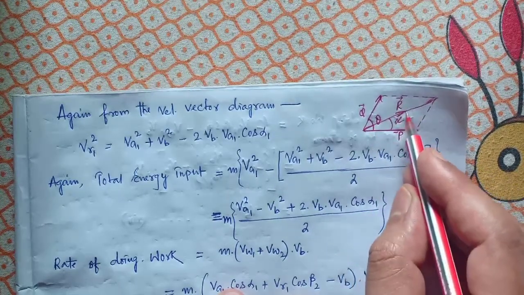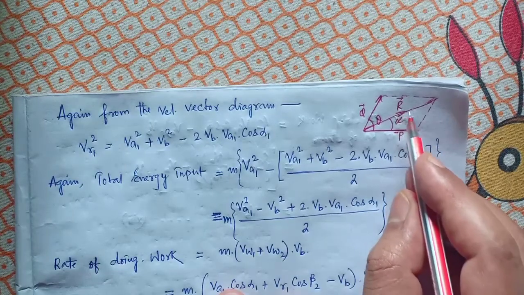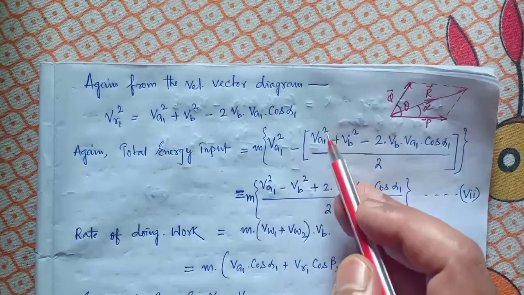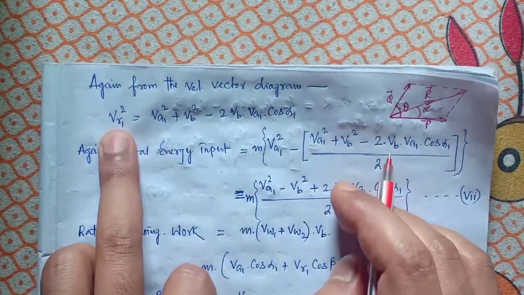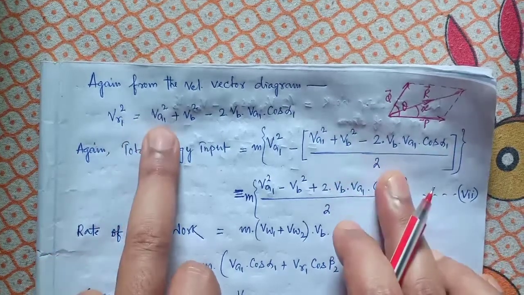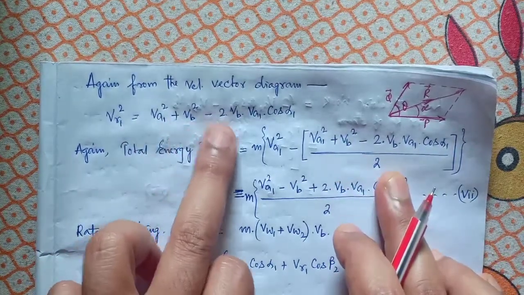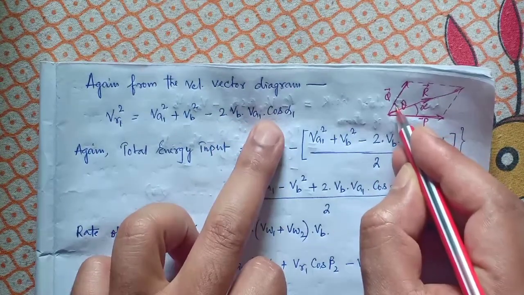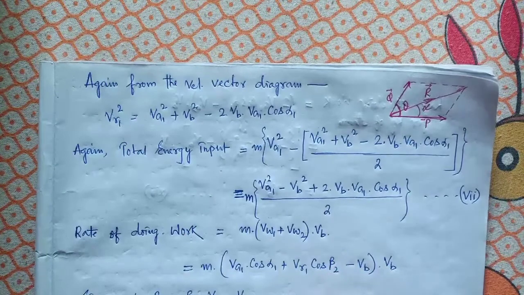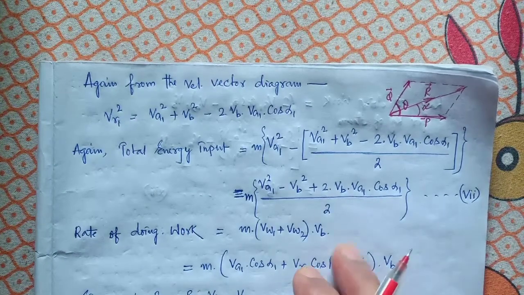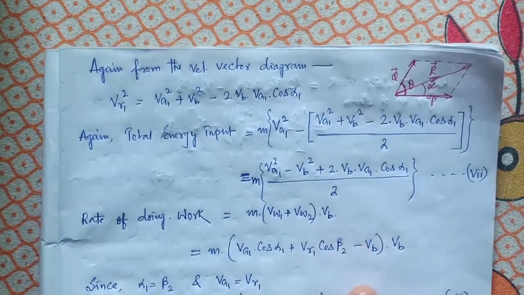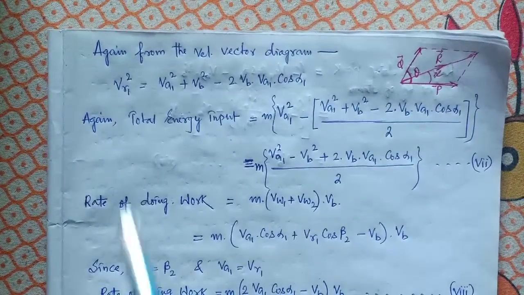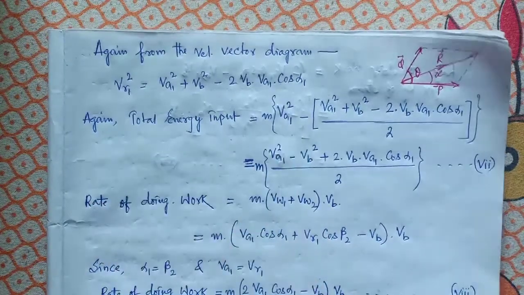So R can be written in the same format as here, that is, R square equals P square plus Q square minus 2PQ cos of the angle between the two vectors. So I think now your doubts are clear on how these expressions can be written.